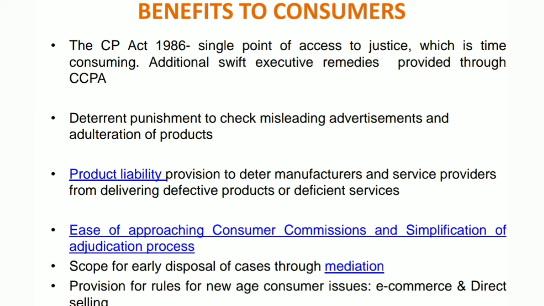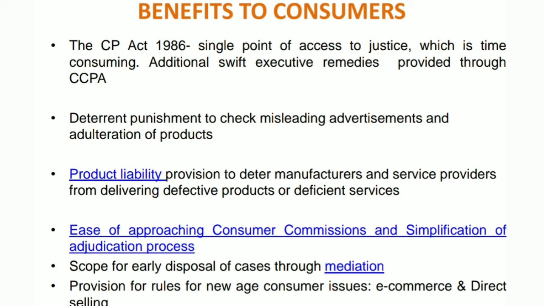Benefits to consumers. What are the benefits to consumers? Let's start. The Consumer Protection Act 1986 was a single point of access to justice, which was very time-consuming, and now additional swift executive remedies are provided through the CCPA. Now, there is determined punishment to check misleading advertisement and adulteration of products.